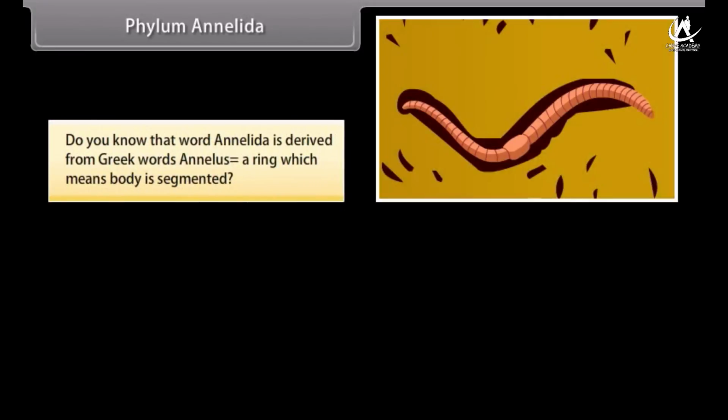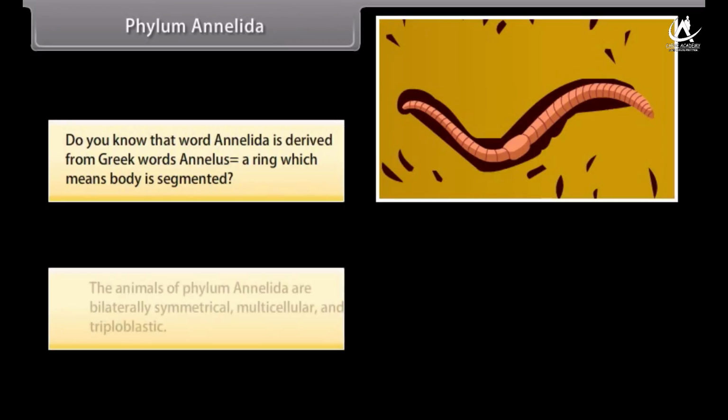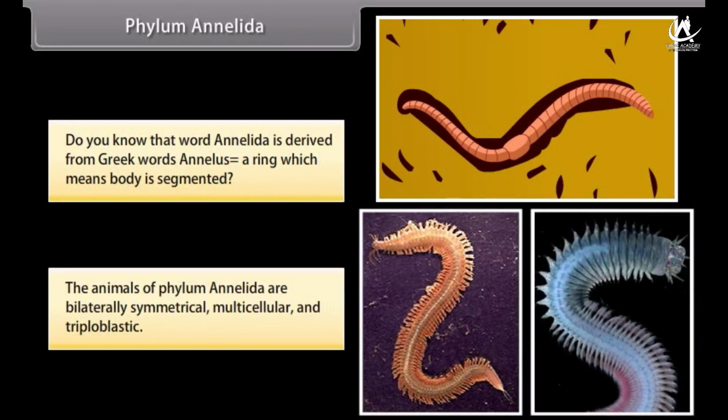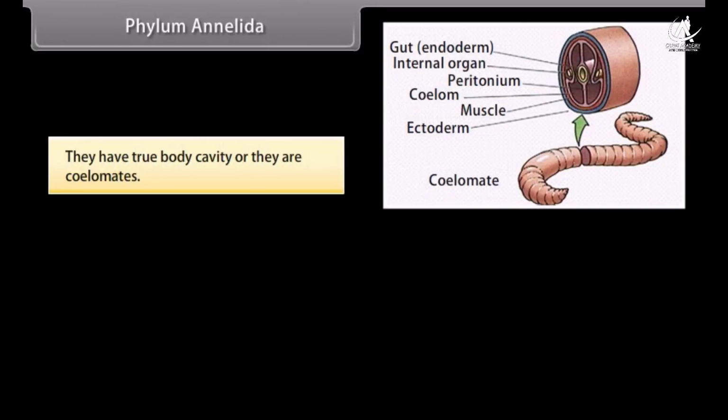Phylum Annelida. Do you know that the word Annelida is derived from Greek word annelus, a ring, which means the body is segmented? The animals of phylum Annelida are bilaterally symmetrical, multicellular, and triploblastic. They have a true body cavity, or they are coelomates.